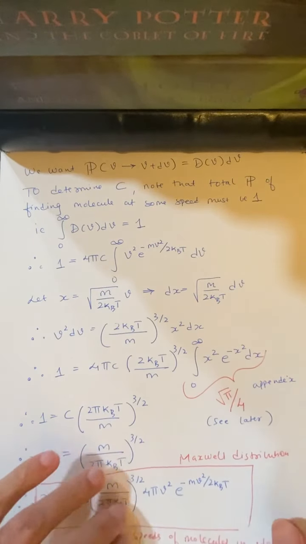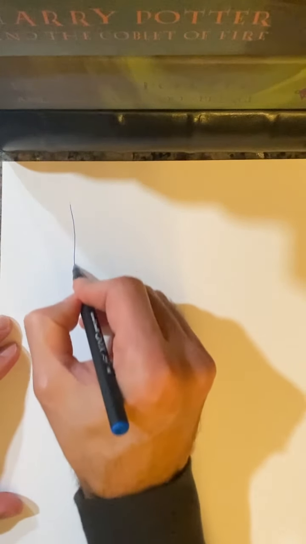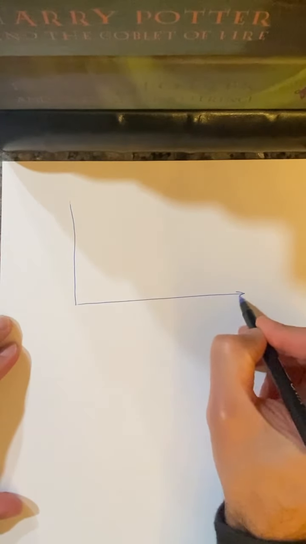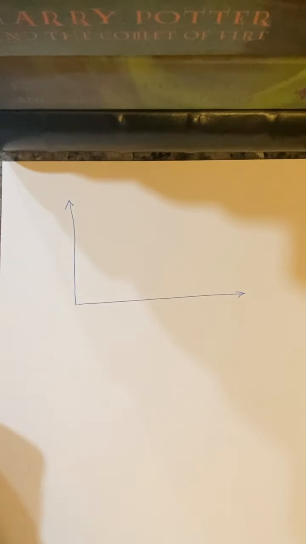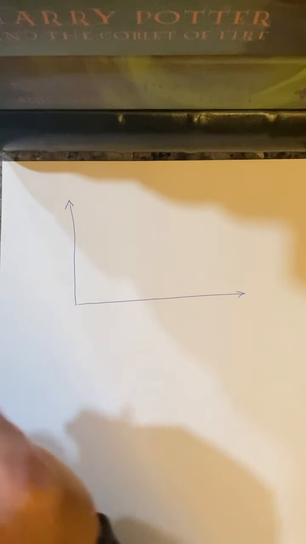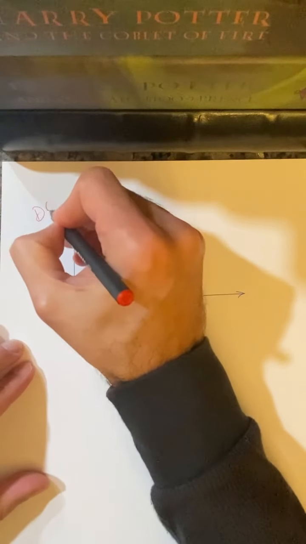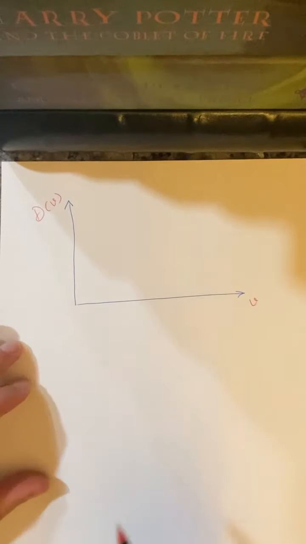What we can infer from this understanding now, let's take a look. You can now plot graphs based on this for different speeds. You can look at a graph and deduce the speed for different cases. For instance, this could be d of v, and this could be velocity.